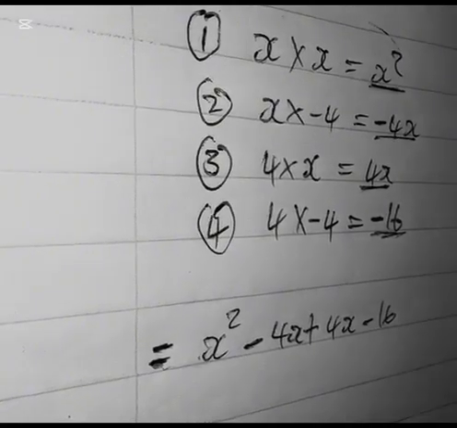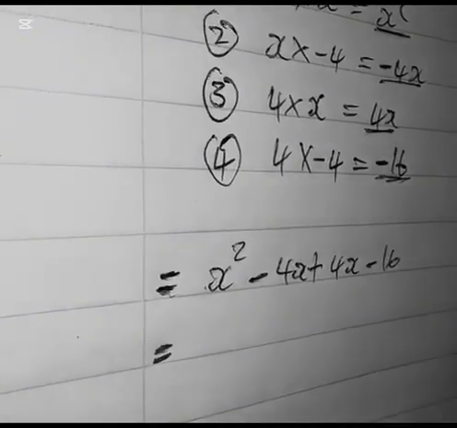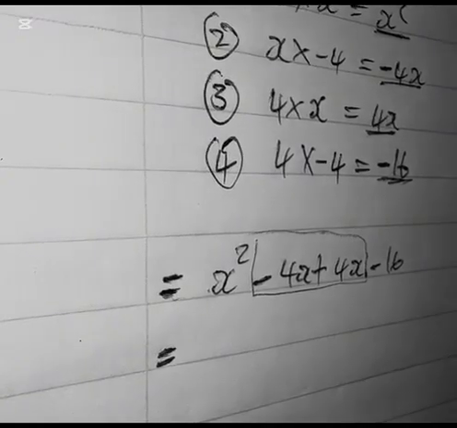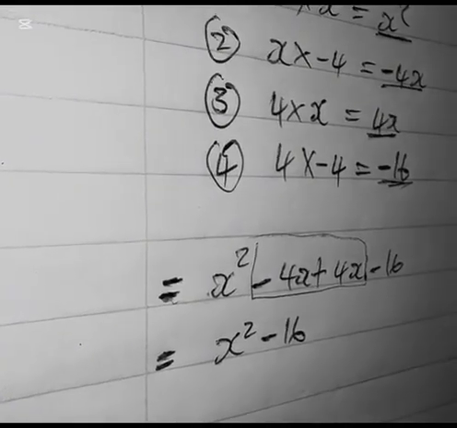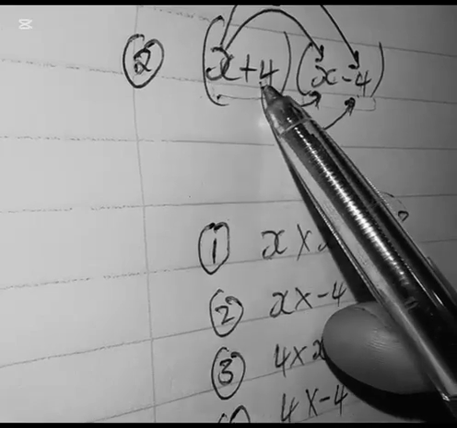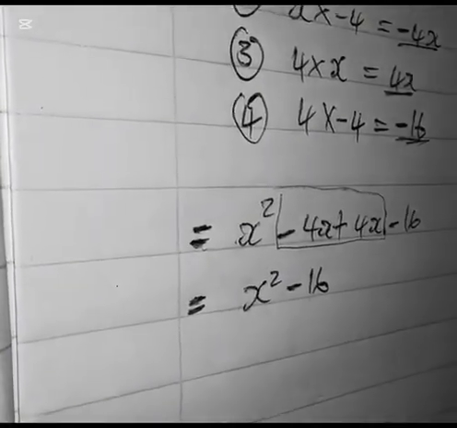From there we can see that the middle terms cancel to 0, so we get x squared minus 16.